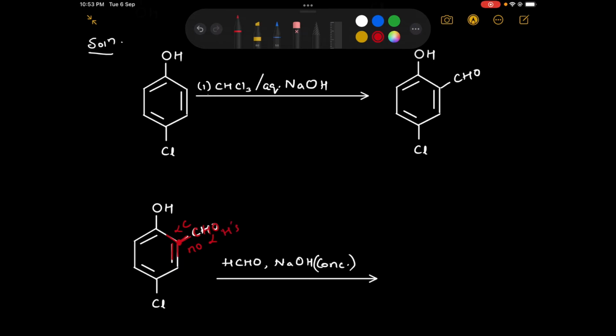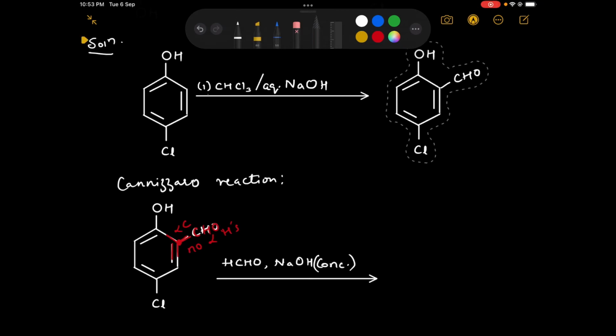If there are no alpha hydrogens, it will undergo the Cannizzaro reaction. Now in the Cannizzaro reaction, irrespective of whatever is the other reactant, if one of the reactants is formaldehyde, formaldehyde will always form sodium formate, which on further hydrolysis will get converted to formic acid.